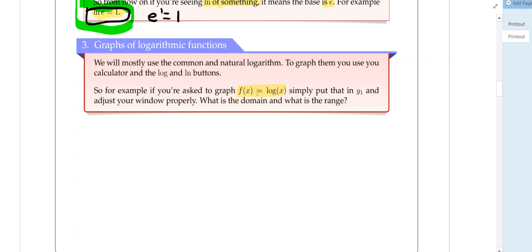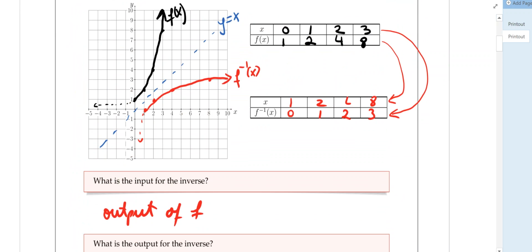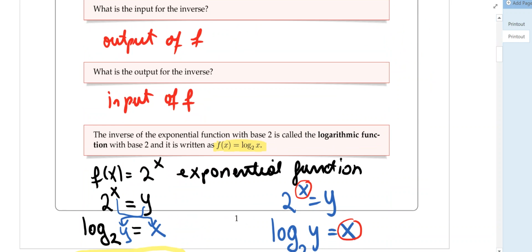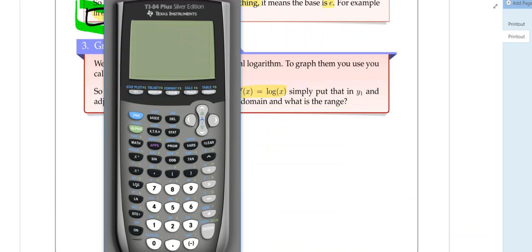So if I wanted to see how log of any base looks like, in the first example, we saw that this inverse right here was for log base 2 of x, right? Because this was the inverse of f of x equals 2 to the x. So now if you want to graph any logarithmic function, if you pull out your calculator, you see that you only have log and ln right there.